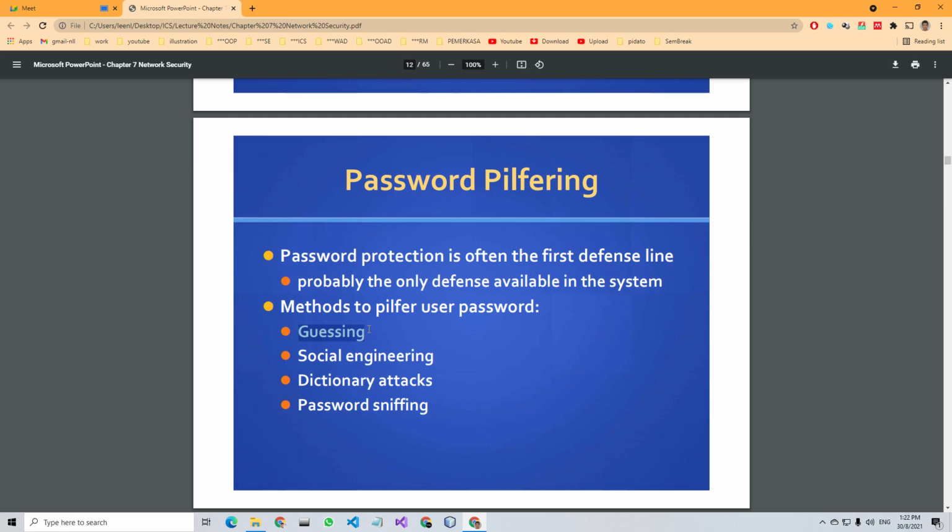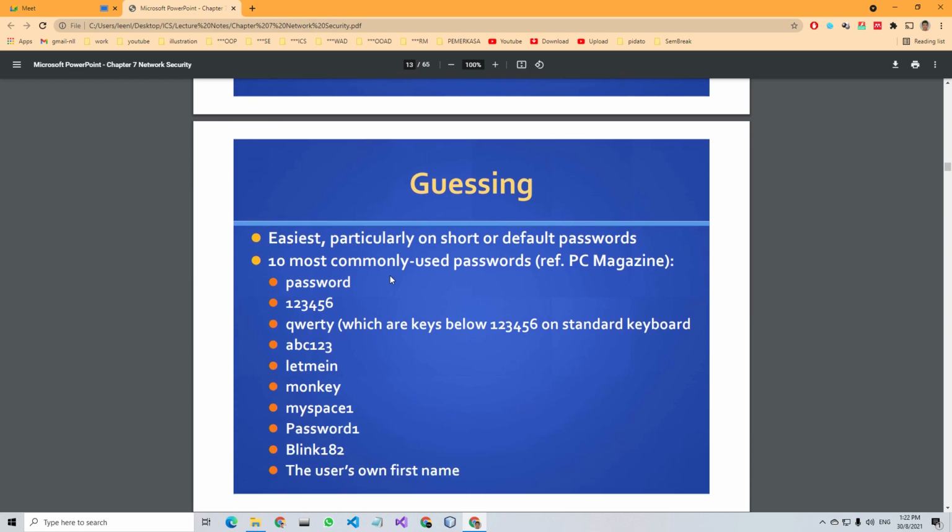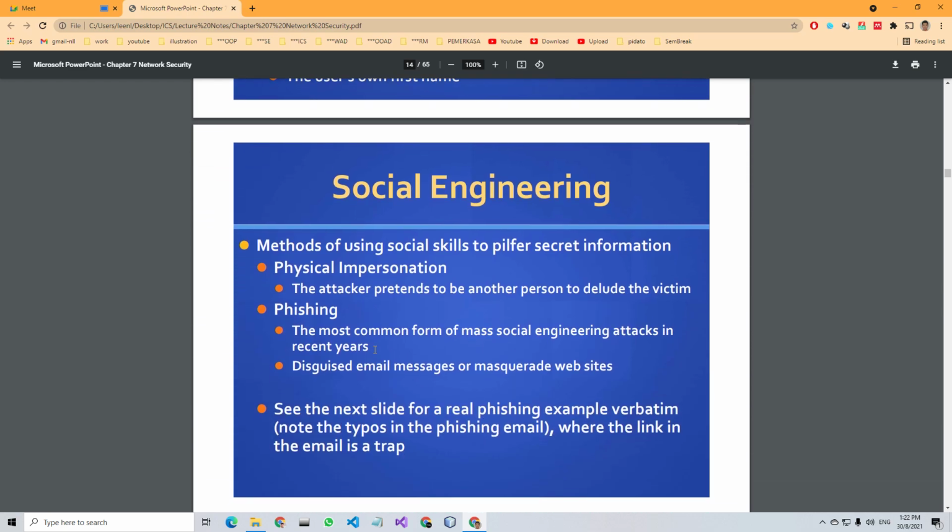Phishing here is a type of social engineering, where attackers send a fraudulent message that looks like a legitimate message. They try to trick the victim so that the victim reveals sensitive information without their consent.